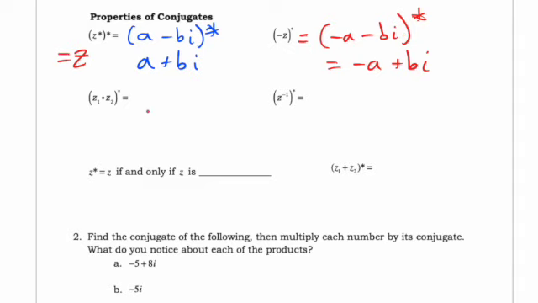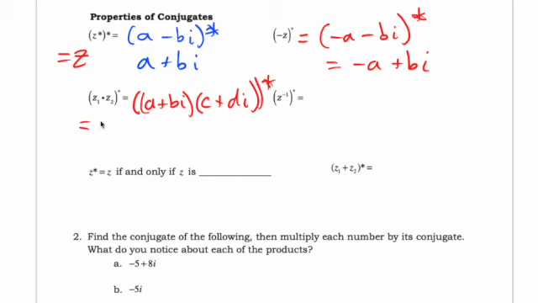And next we have the product of two complex numbers conjugate. So let's check that out. Let's do the product of two complex numbers, a plus bi times, we have to use a different letter for a different complex number, c plus di, and we'll conjugate all that.